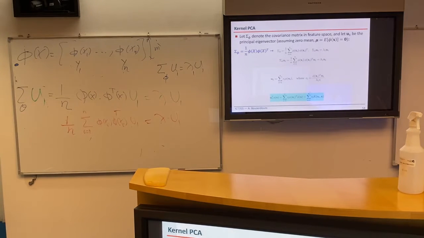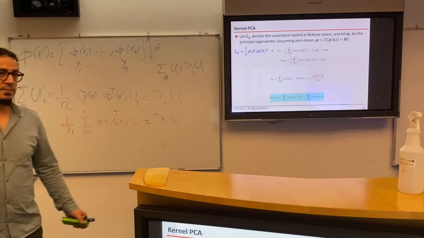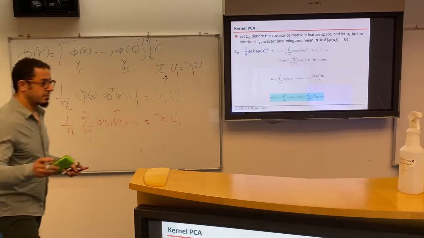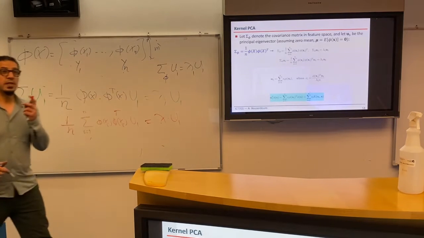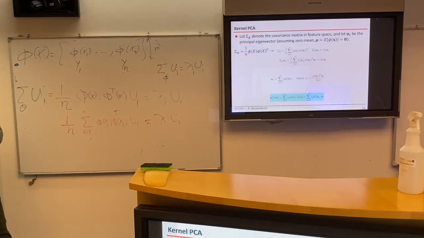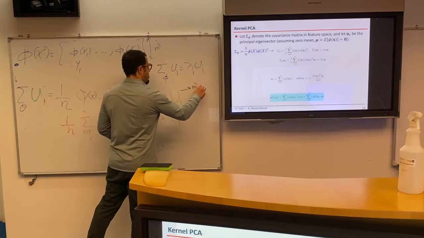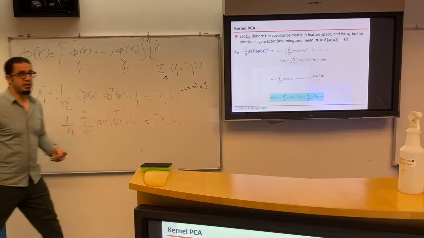Please, here, what is the dimension of u1, please? Dimension of u1. Any idea? It is m prime by 1. We don't have n here, we have m prime. So what is the dimension of this one here, please? M prime times 1. It is a vector, right?